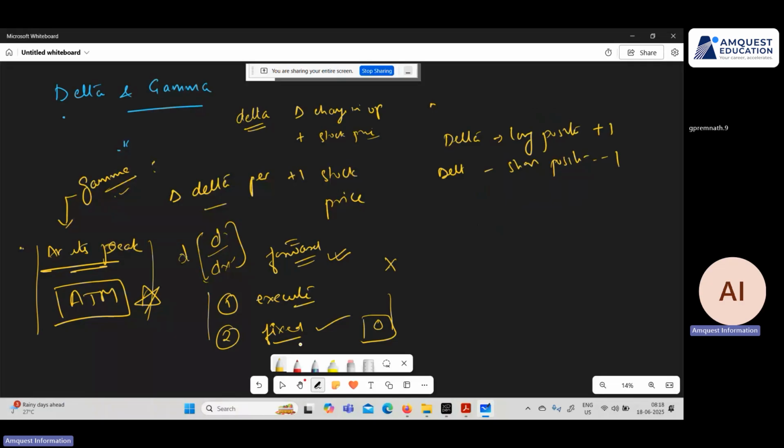So this is how it works, right? Let's say you are long a contract. It's always +1. It increases by 1. But then to offset, you are short a contract. That's how you offset your position, right?